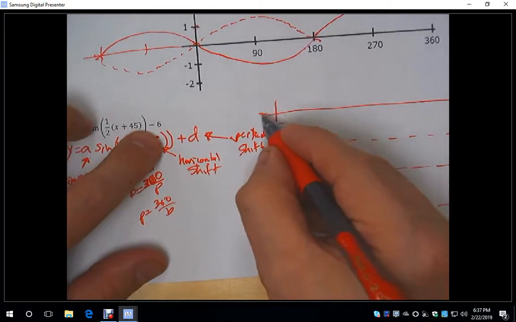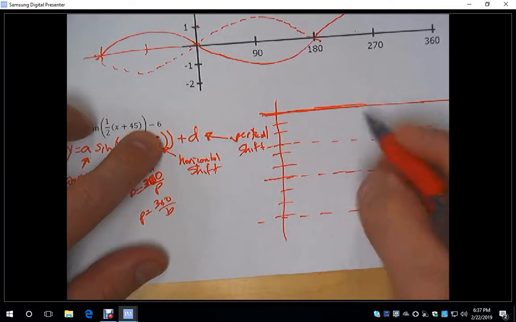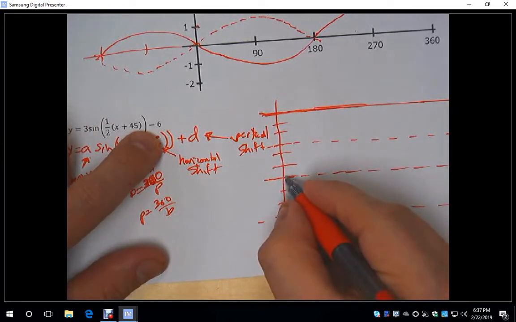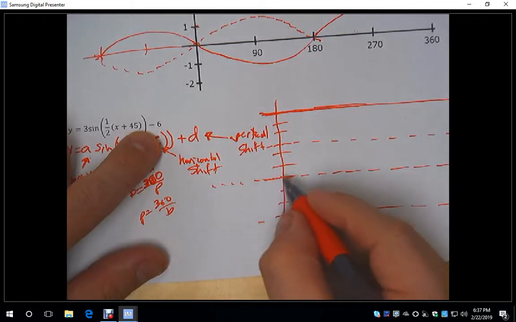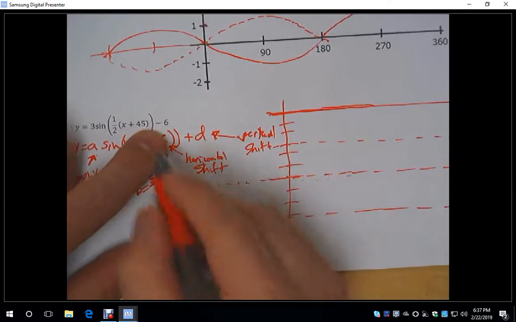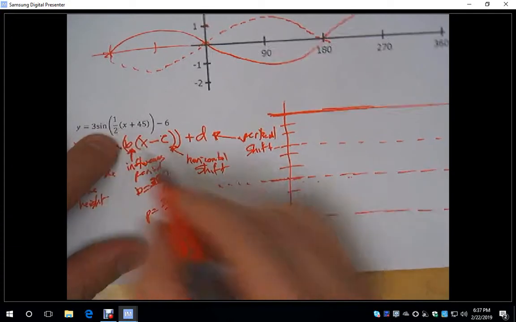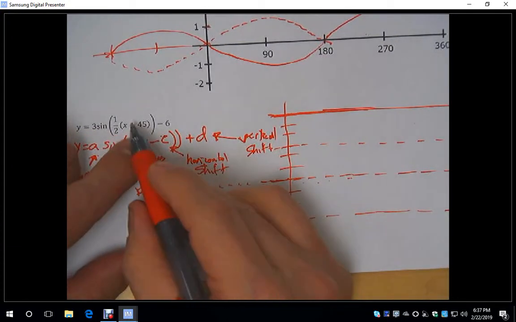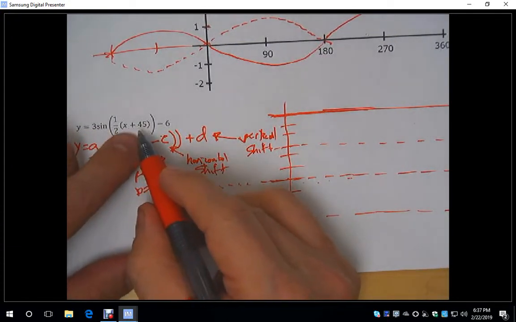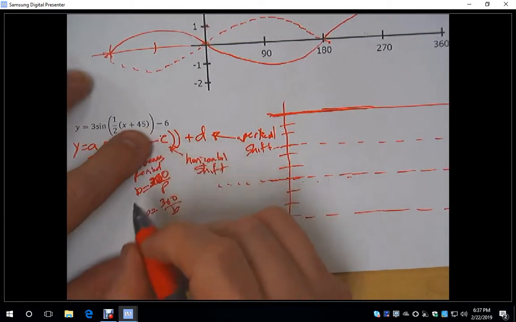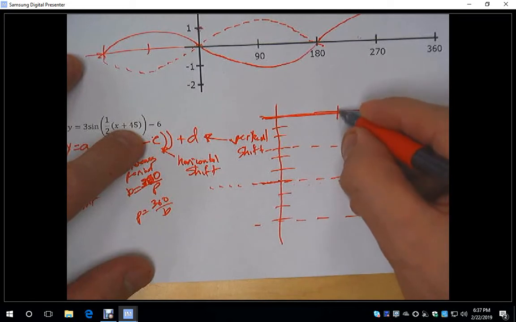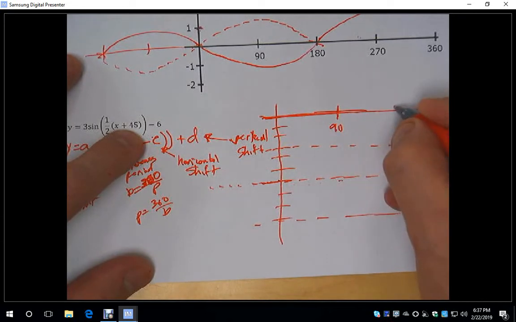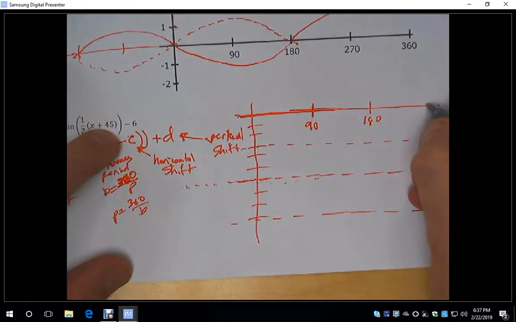This is my x-axis right here, right? We're going to start somewhere on this line because this is sine of x. And it looks like we have a horizontal shift of 45. So this is our 90 and 180 and 270.